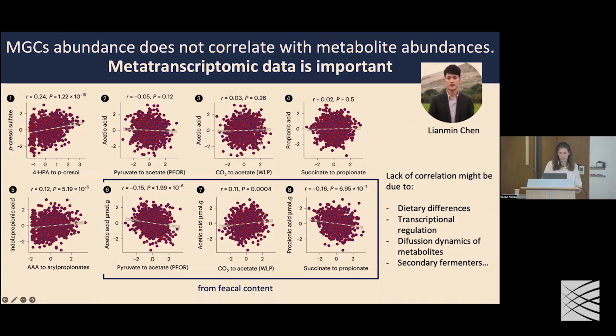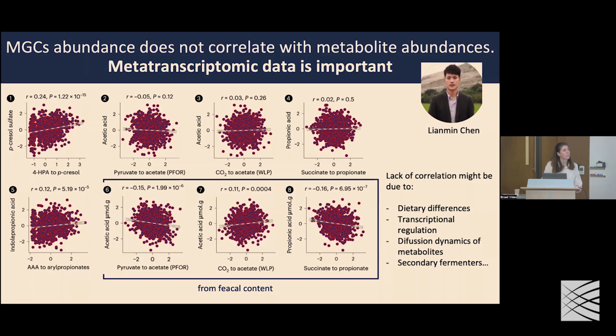On the top part of the plot, you can see the correlations between metabolite abundance and pathway abundance. These 3 lower ones are from fecal content, and the rest are from plasma content. So we also wanted to see if that had an effect on the correlations that we were doing.